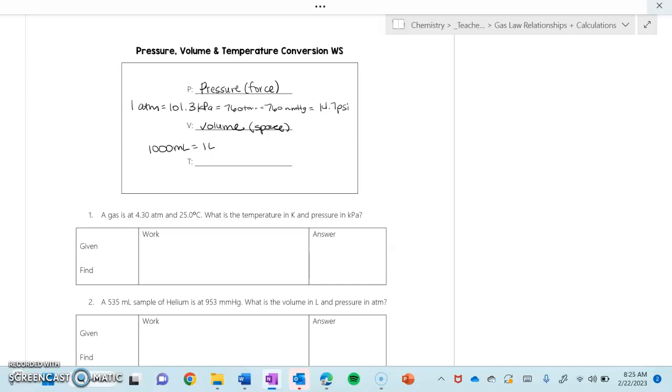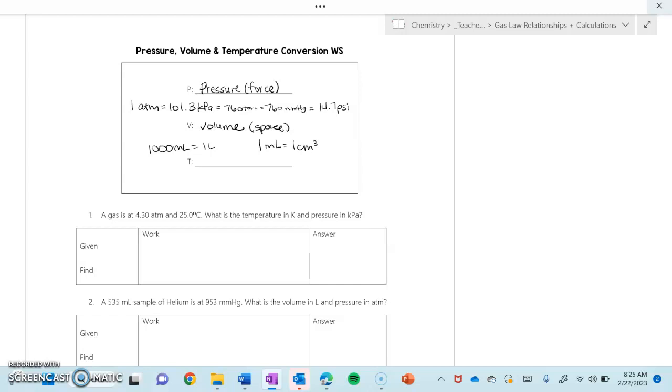To go from milliliters to liters, you would move it three times to the left. And again, if that is not very clear to you, set up a conversion factor and use this relationship as that conversion. Then we have 1 milliliter is equal to 1 centimeter cubed.